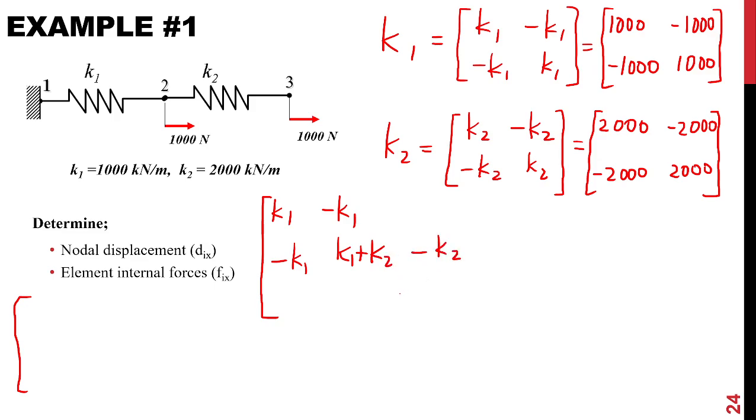Negatif K2, negatif K2, K2. Ini kosong, ini kosong. Macam tu. This is your global matrix. Put it in properly.